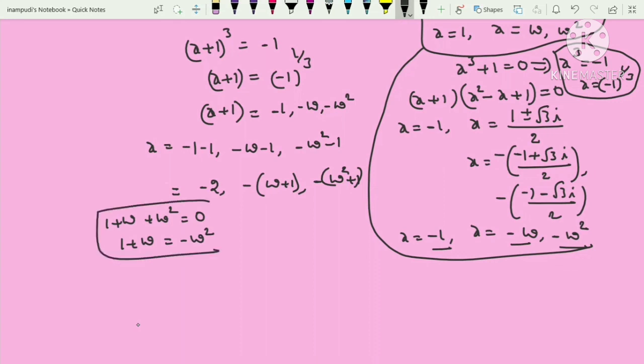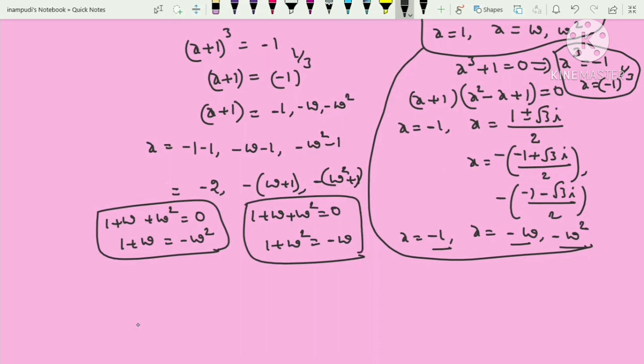Also 1 plus omega square can be written as minus omega. These two are placed in the above equation: minus of minus omega square, minus of minus omega, that is equal to minus 2 plus omega square plus omega.